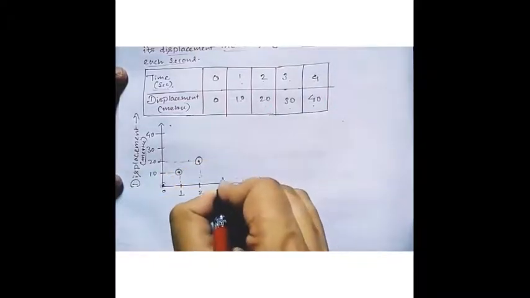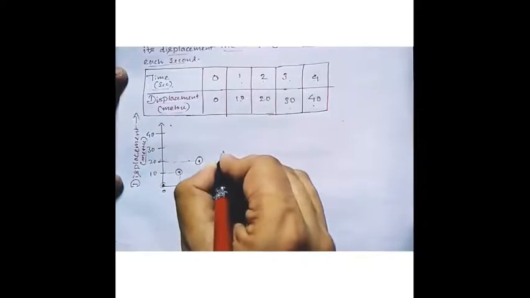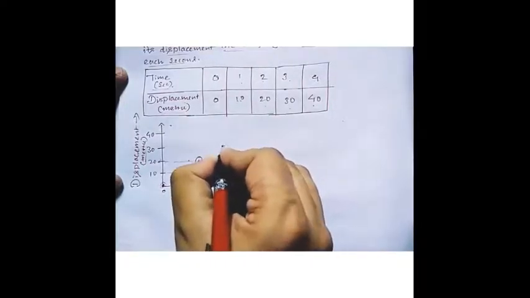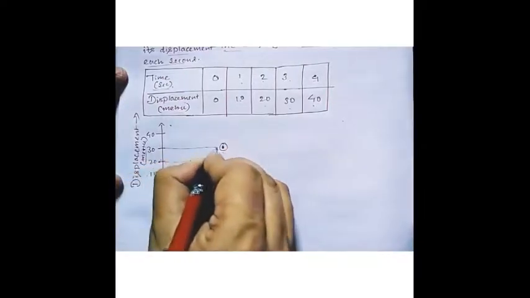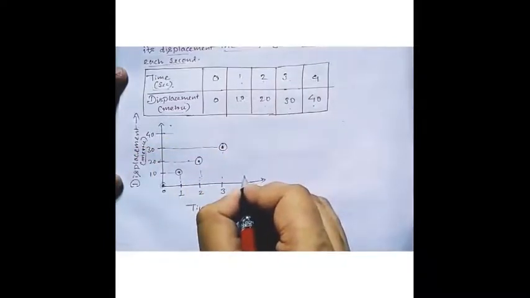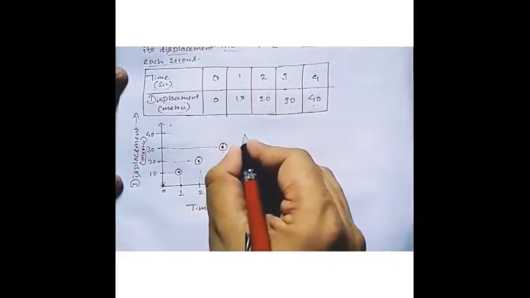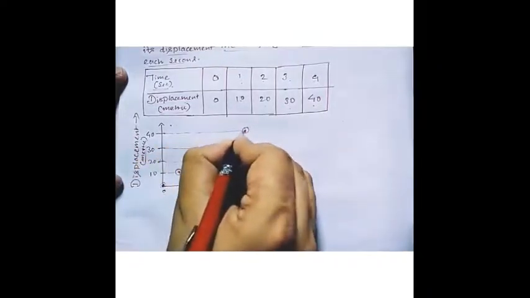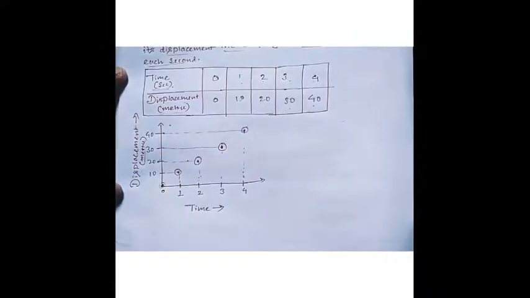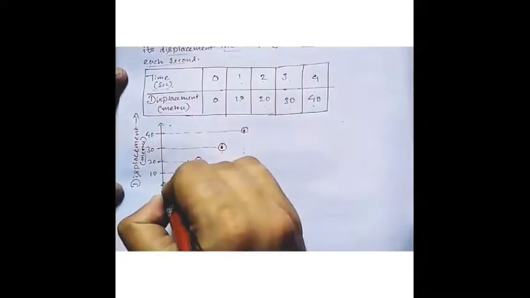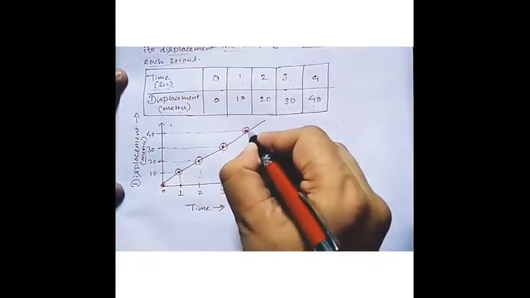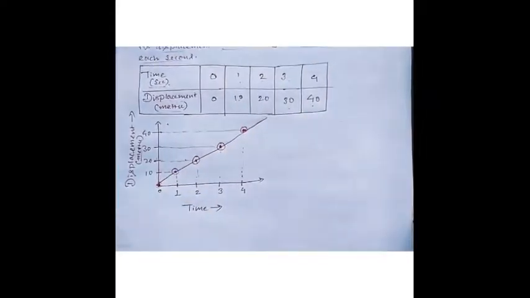When the time is 3 seconds, displacement is 30, this is the (3, 30) point. When the time is 4 seconds, displacement is 40, this is the (4, 40) point. Now I will join all these points, and this is the final graph.